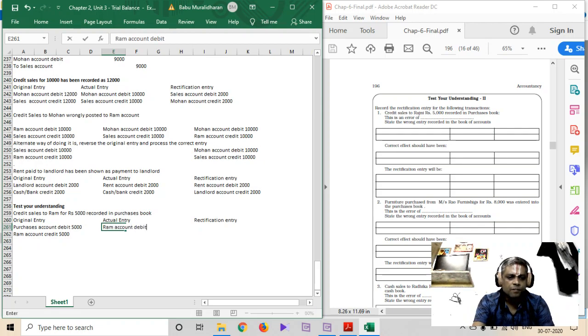So what should you do? There are two ways as we discussed. Either we can reverse this entry by debiting Ram account and crediting purchases account, and process this correct entry. That is what we are going to do.